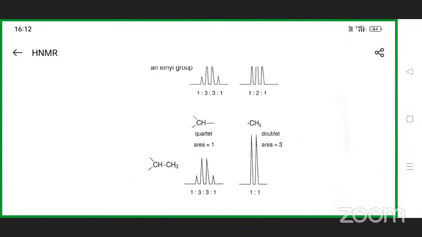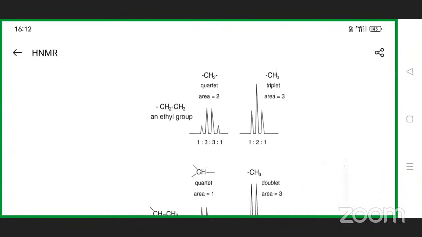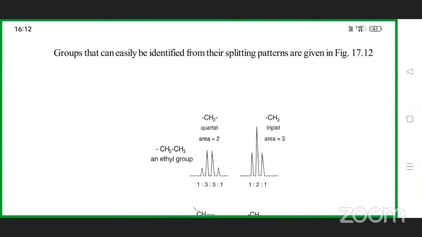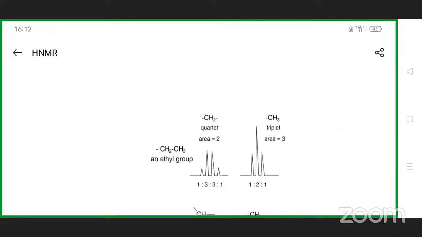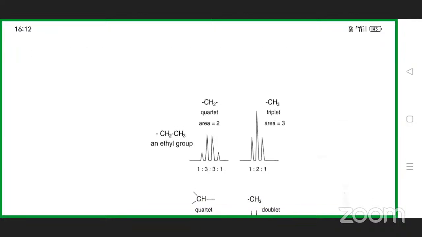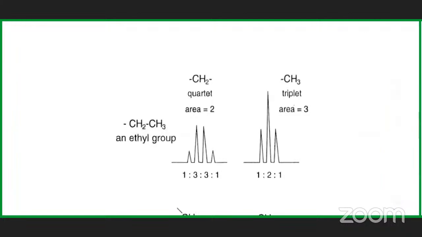And these are some important groups that you can easily identify. I think you are very familiar with the multiplicity here, so it is not necessary to discuss this. For example, if an ethyl group is there, for the CH2 protons, what will be the multiplicity?